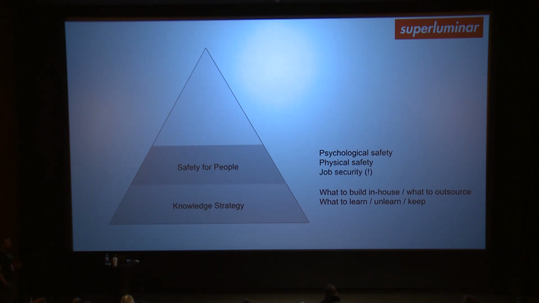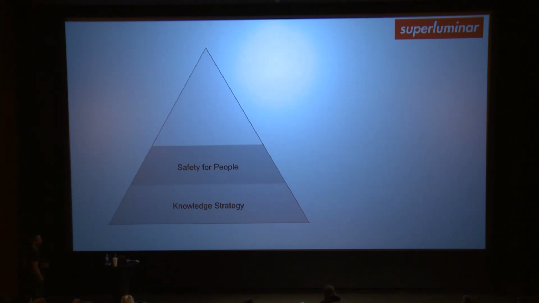And then we also need job security, and this is really important because, once again, knowledge is part of the identity of people, and with unlearning you are taking away a part of the identity, so they might feel threatened. They have to have the promise that their job will still be there in the new world.